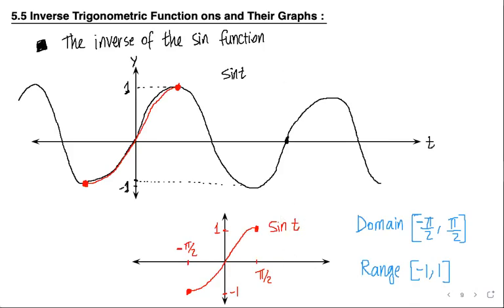So here let me define it: sine t, such that t is between negative pi over 2 and pi over 2. Not all t's. So sine t, with t between negative pi over 2 and pi over 2.